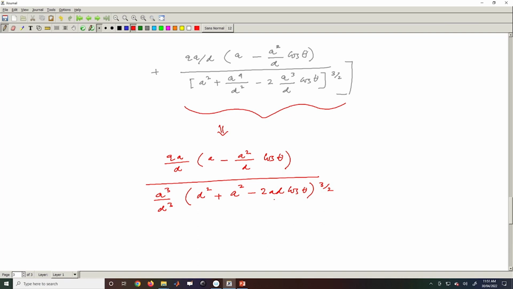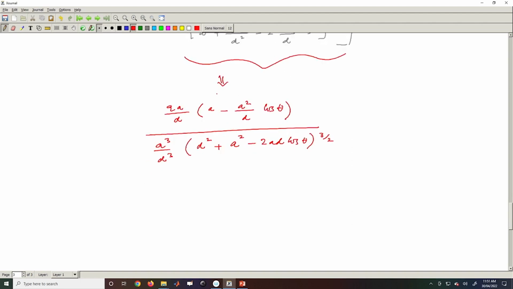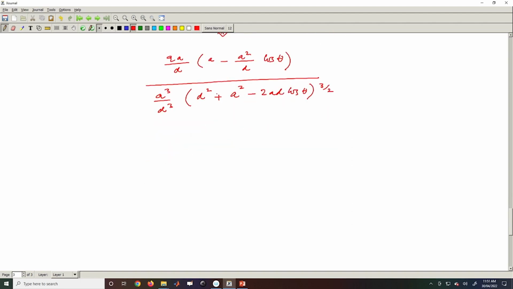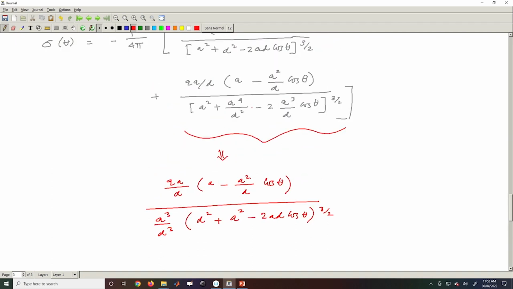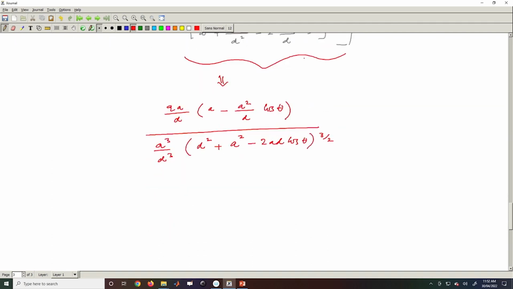So if I do that, then I have 3 by 2, so this 3 by 2 becomes this quantity. So I just take a square divided by d square common, and I will get this. So what is the point of having this? The point is I can have the denominator the same in both cases, this one and this one. That is the reason why I did it.